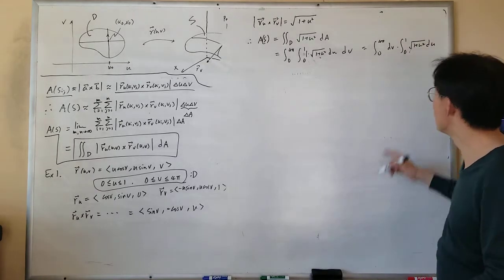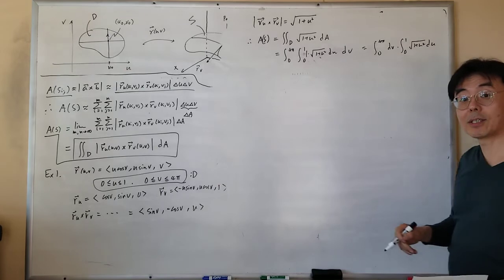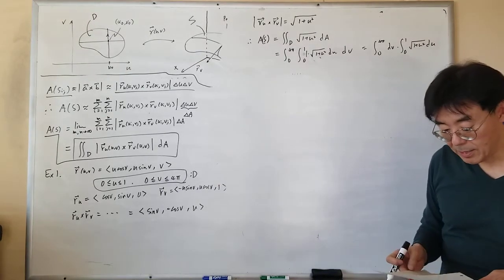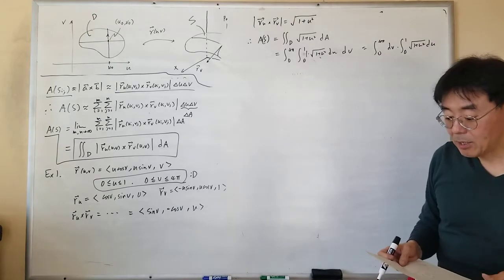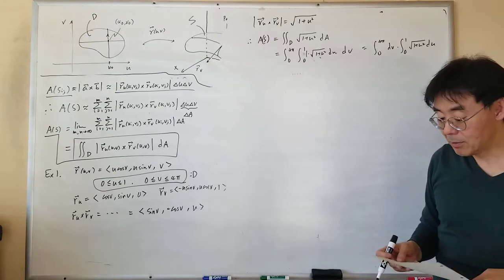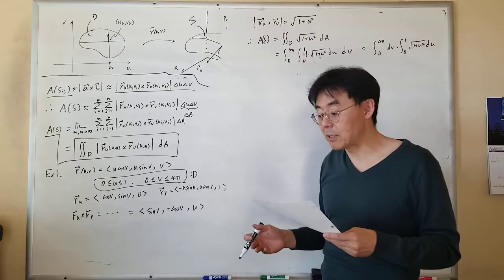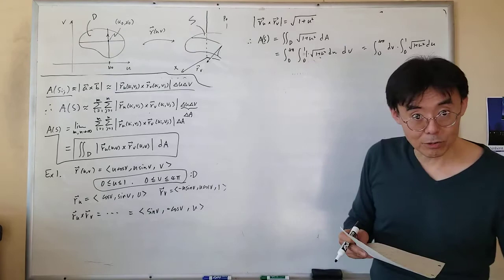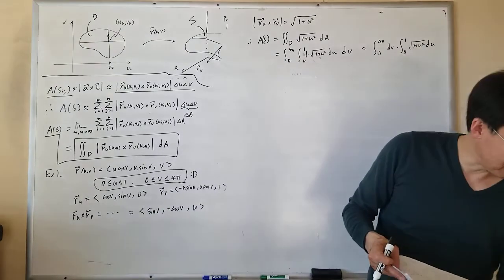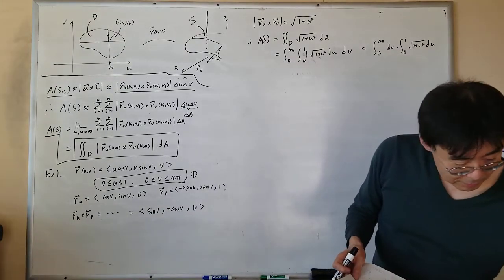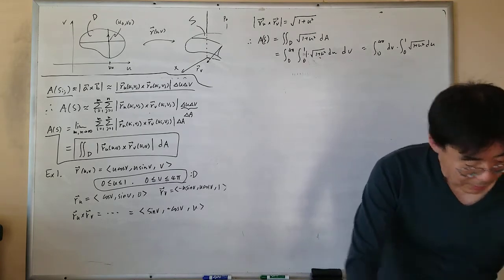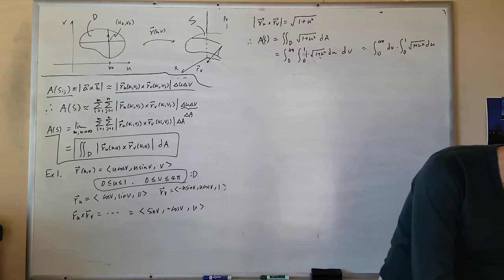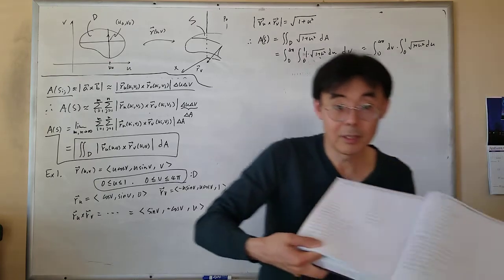Now, this integral requires a complicated trigonometric substitution. So instead of doing that, we will just use the integral table. This is number 21 in the integral table of your textbook, I think on the front page or the back cover. Yeah. Like this. You see this one?